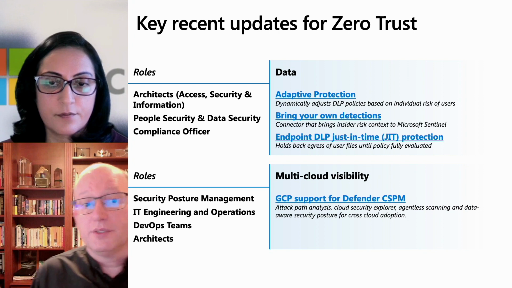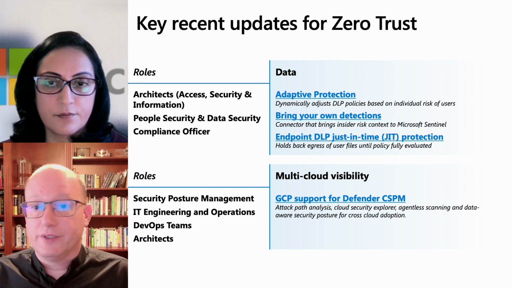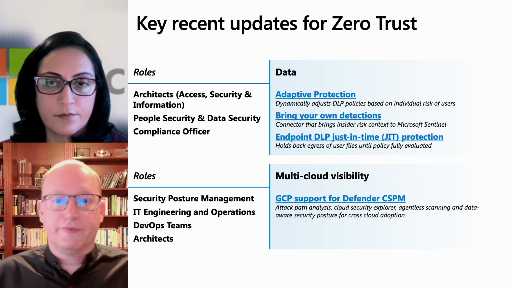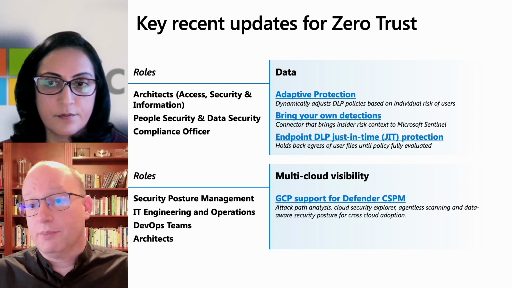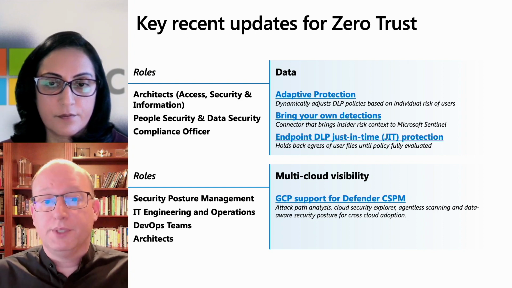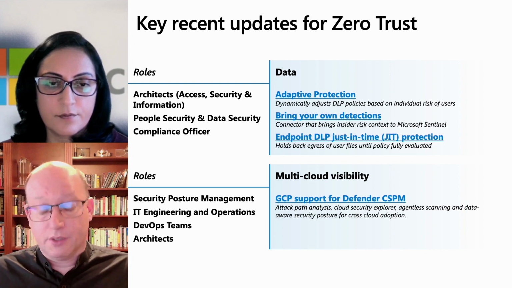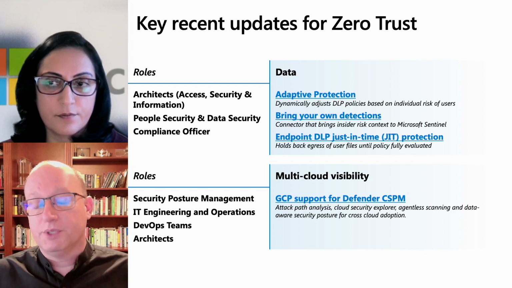And on the multi-cloud side, a big one here is the full GCP support for Defender for Cloud Security Posture Management, or CSPM, as some people like to say. You get that full set of attack path analysis, Cloud Security Explorer, and all those great posture management tools for GCP. This is an important step because it really brings together the three main clouds. There are other clouds out there, but for Azure, AWS, and GCP, you have that full posture management capability.